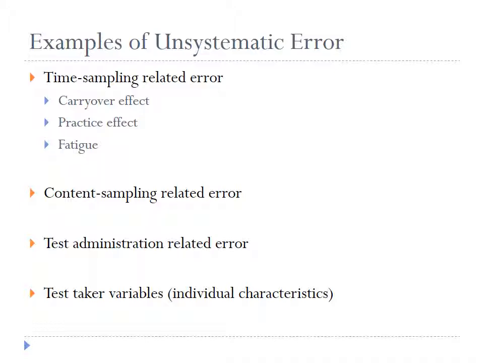Time sampling effects, you may look at carryover effect. An individual, if you assess them too quickly, may just be recalling the information from the first administration and not really learning the material.